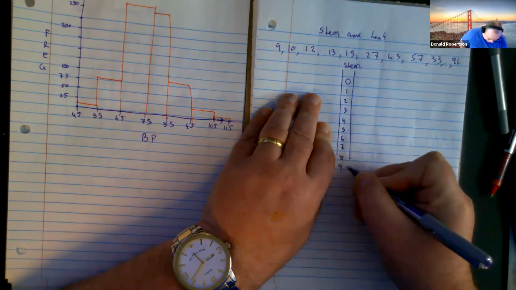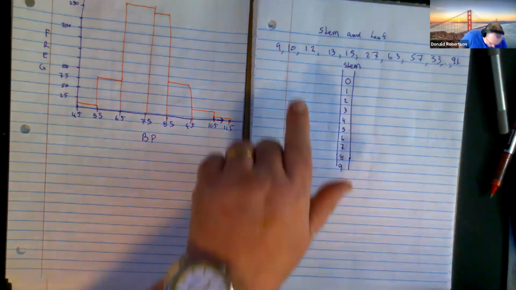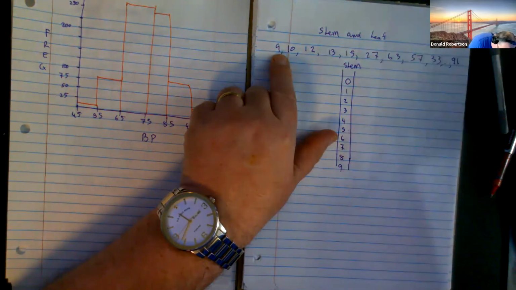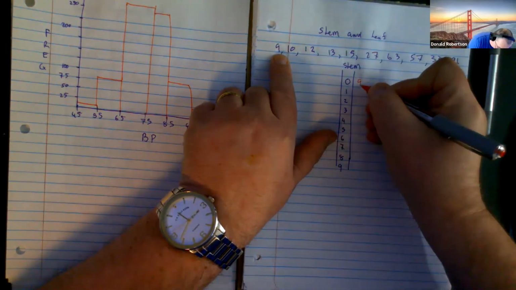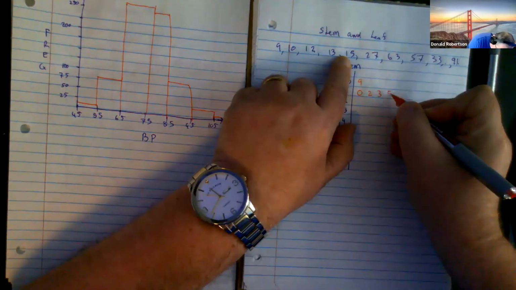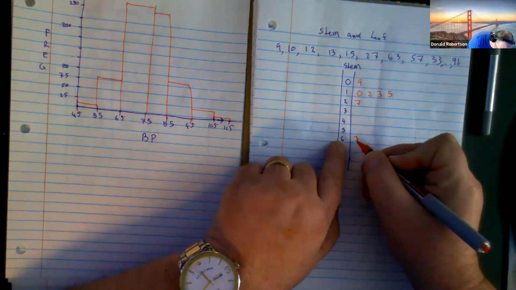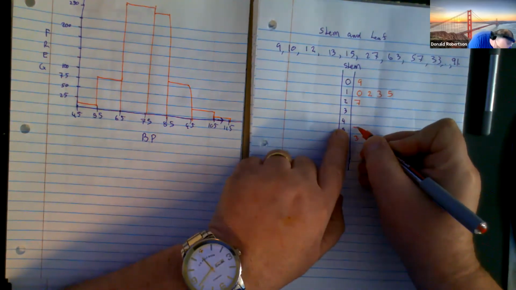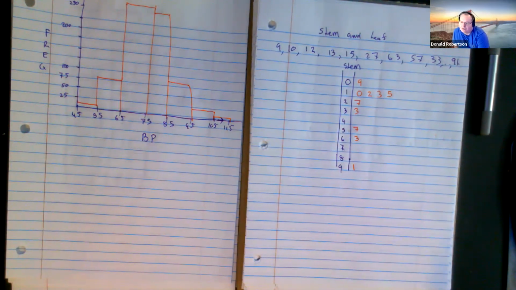So on the top, the smallest, and on the bottom, the biggest. And now you go like this. A 9-year-old goes there. A 10-year-old, a 12-year-old, a 13-year-old, a 15-year-old, a 27-year-old, a 63-year-old, a 57-year-old, a 33-year-old, and a 91-year-old. Do you see how quick it was for me to take all these numbers and make it into this chart? Do you see how I did it?